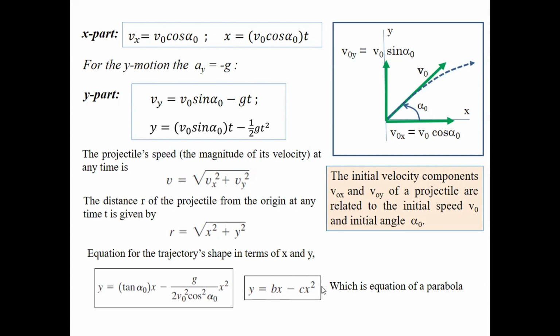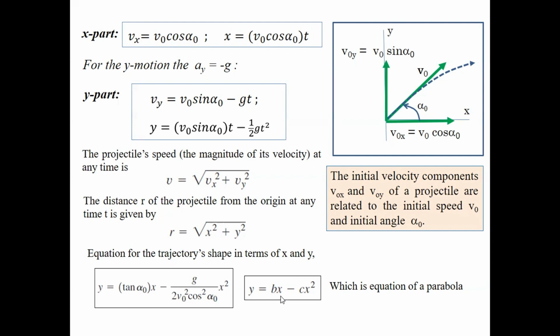And any such equation where x squared is related to y is the equation of a parabola. So the trajectory, the trace in an x and y coordinate equation, is looking like a parabola. If this x squared term was not there, if it was 0, then I would have a straight line, y equal to b times x.